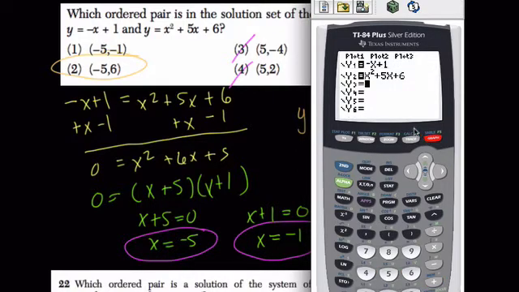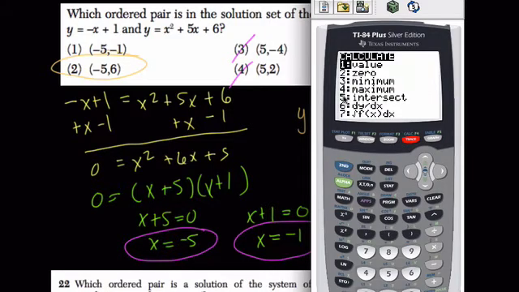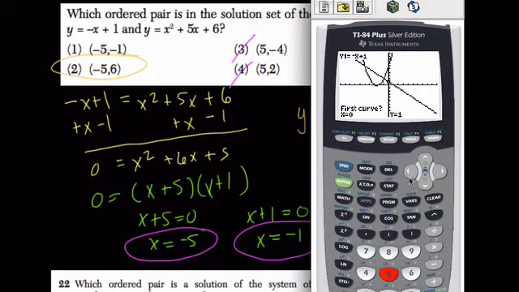Now when we graph these two, we'll see that they cross twice. If you want to find where they intersect, hit second trace and choose 5, intersect. It's going to ask you to identify the first and second curve. Here the line is not a curve, but they treat it as that. Press enter, then press up to toggle over to the second curve. Now you see it's flashing on the second curve.